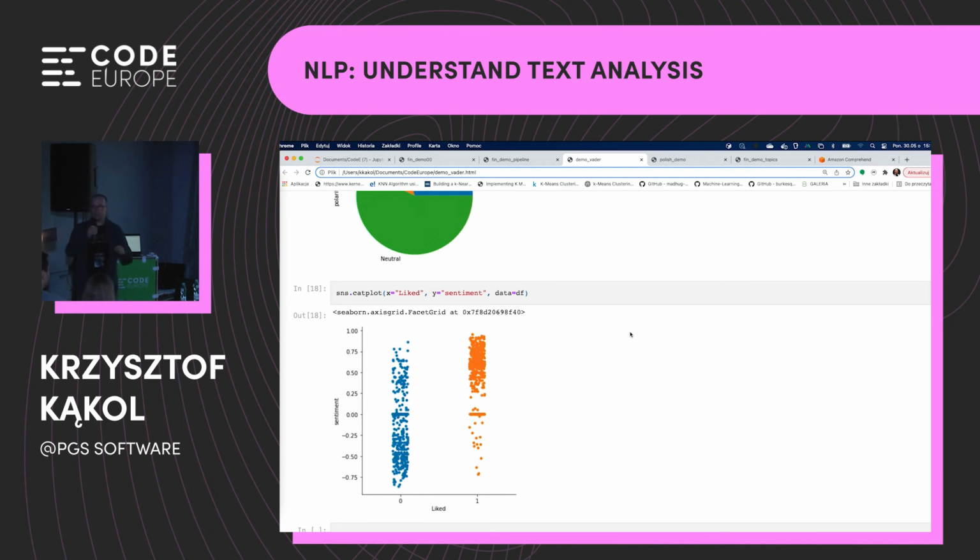It's still not very good, but this problem with correlation might not mean that the library is wrong. It might mean that people who said something negative about the restaurant still gave their likes. So you have to be careful and analyze that. You cannot avoid a human in the loop. There's no way to do it. It just gives you quick information about what is analyzed, but it will not replace the manual reading of some of the reviews later on.